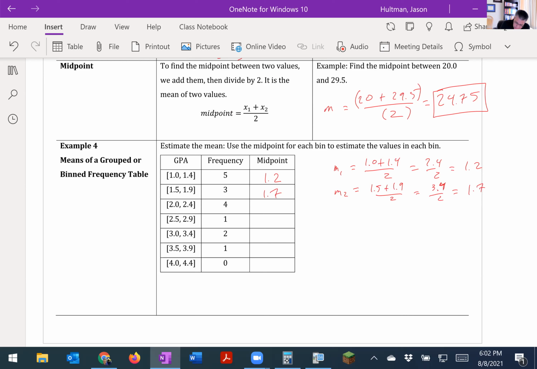And I could do the same thing all the way down. I would just end up with 2.2, 2.7, 3.2, 3.7, and 4.2. Okay, so now I'm going to use the frequency to get my mean here. First, I'm going to add up the frequency here.